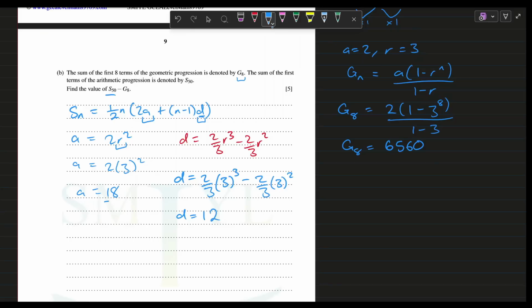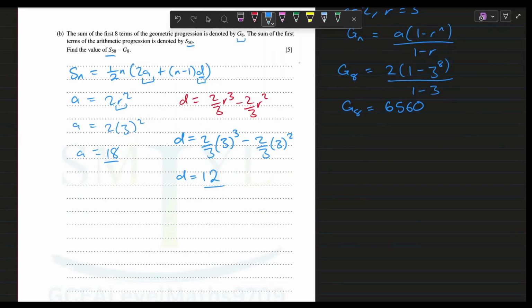Now that we've got a is 18, d is 12, and we know that n is 50, we can simply substitute into our formula. So S50 is going to be 1 over 2 times 50 times 2 times a, which is 18, plus n minus 1, so 50 minus 1, multiplied by d, d being 12.